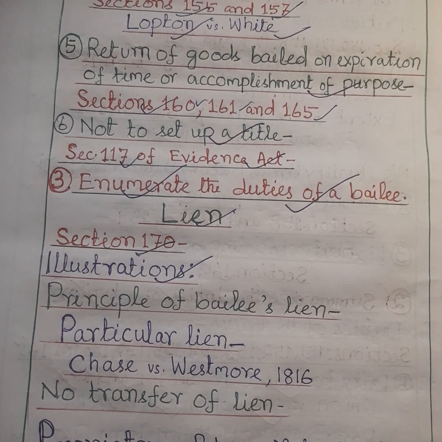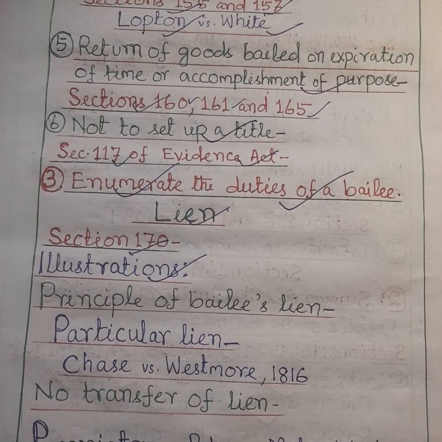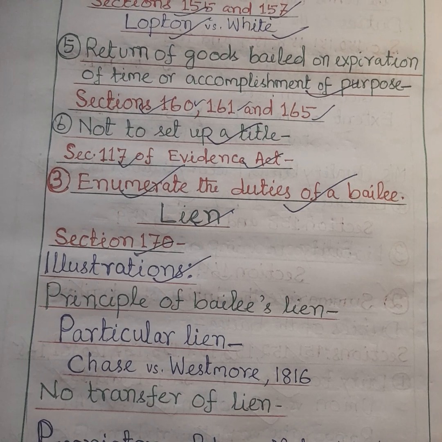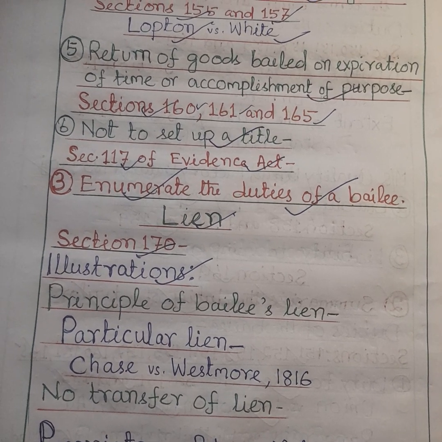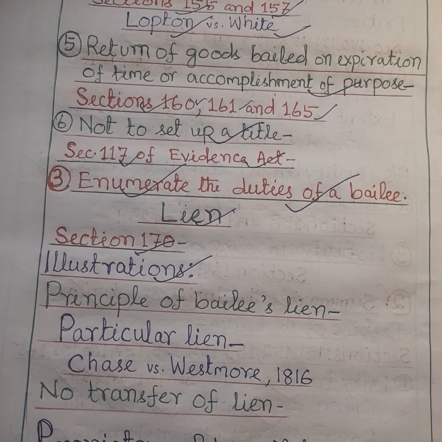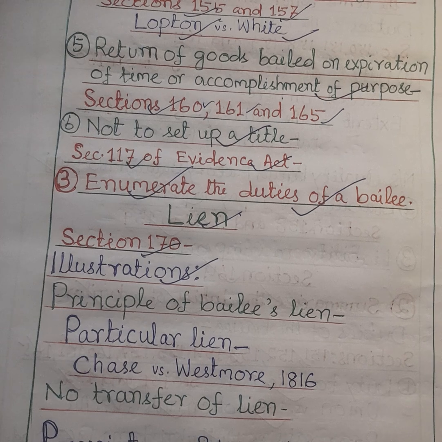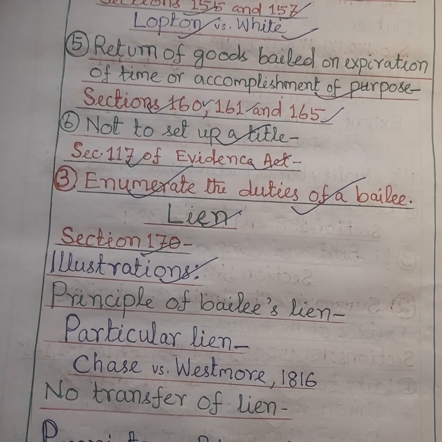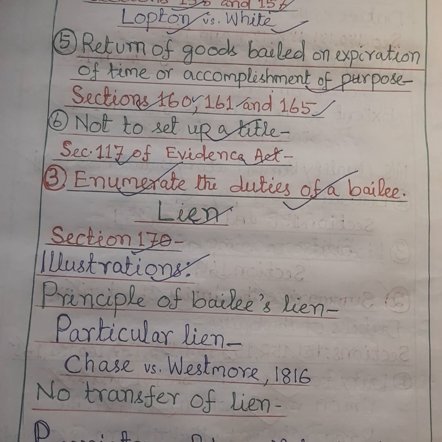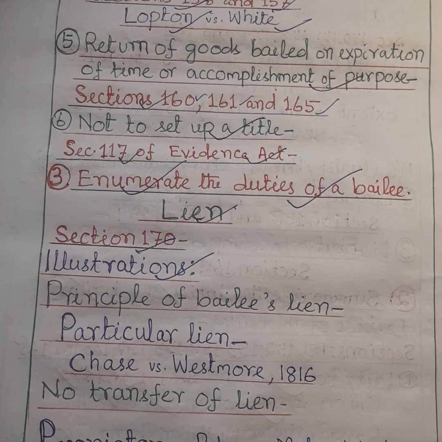And illustration 2 provides: A gives cloth to B, a tailor, to make into a coat. B promises A to deliver the coat as soon as it is finished and to give A 3 months credit for the price. B is not entitled to retain the coat until he is paid.